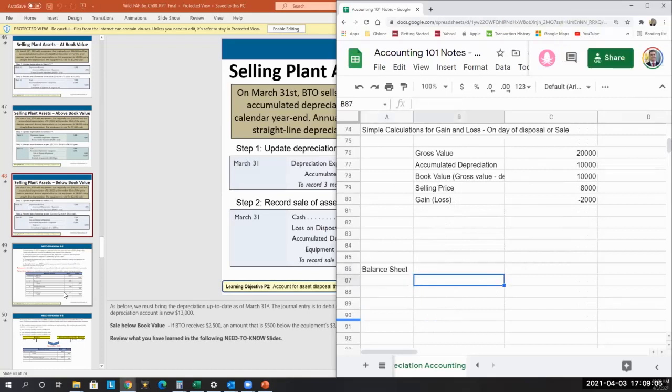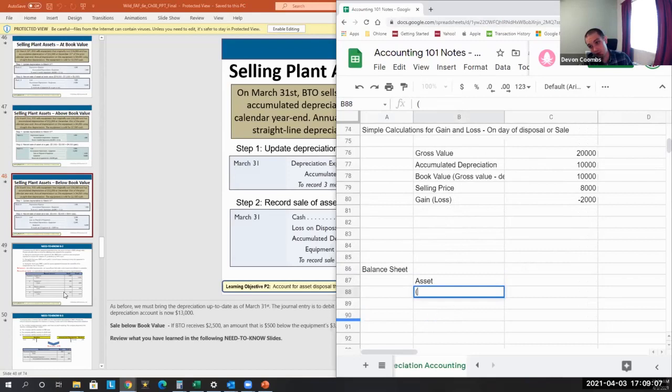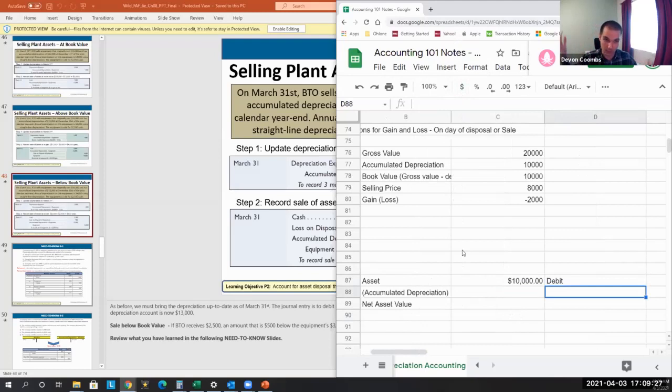We have our asset less our accumulated depreciation equals our total asset, our net asset value. Right? And so if our asset is equal to $10,000 on the balance sheet, that's a debit, right? I hope we all know assets are debits, normal balances of debit.